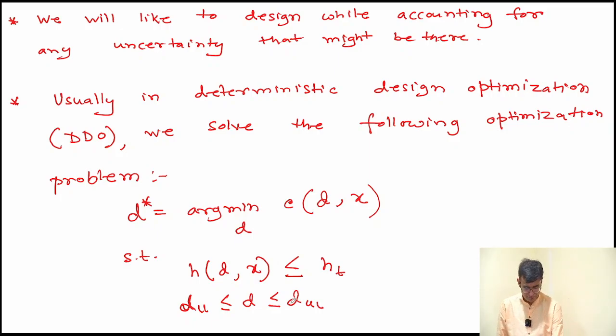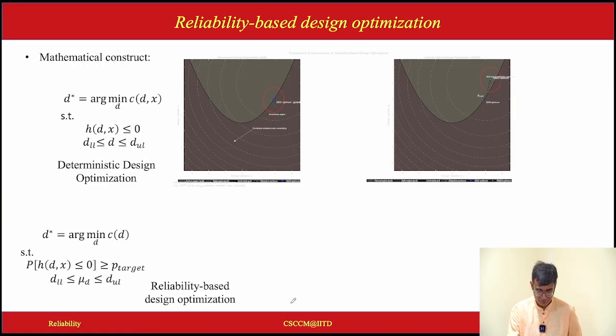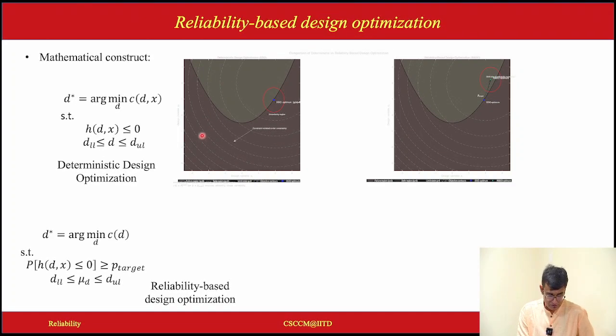So if I may draw, or I have a figure actually, let me go there. I generally have 15 slides, so let's go to 17 and see. I don't know how good the visibility is, so let me use the laser pointer. So let's say this is where you are designing. Look at this brown zone, the darker brown.